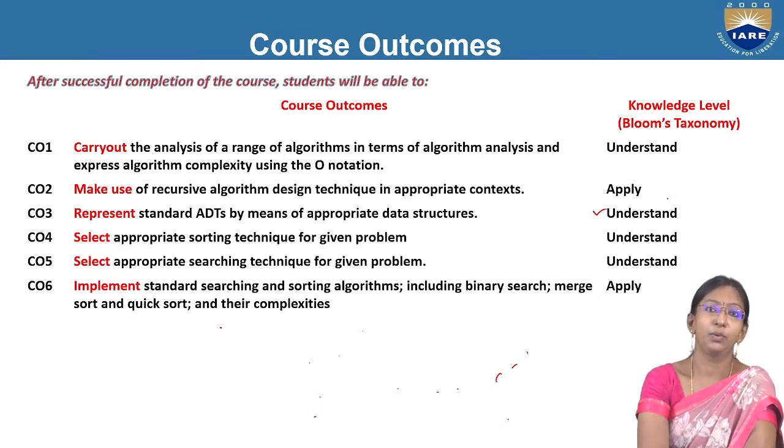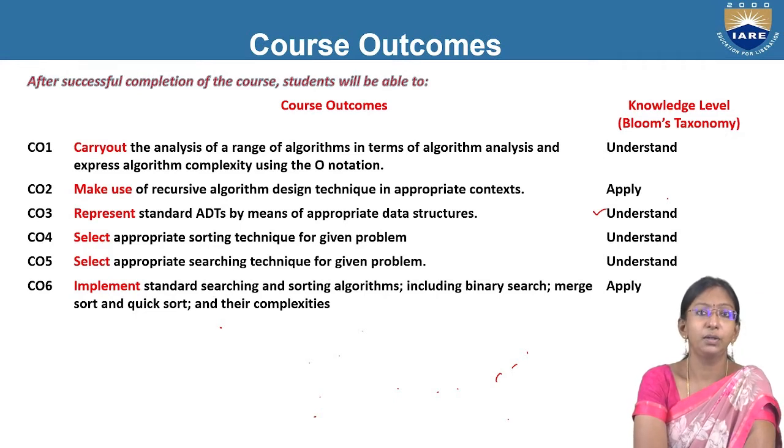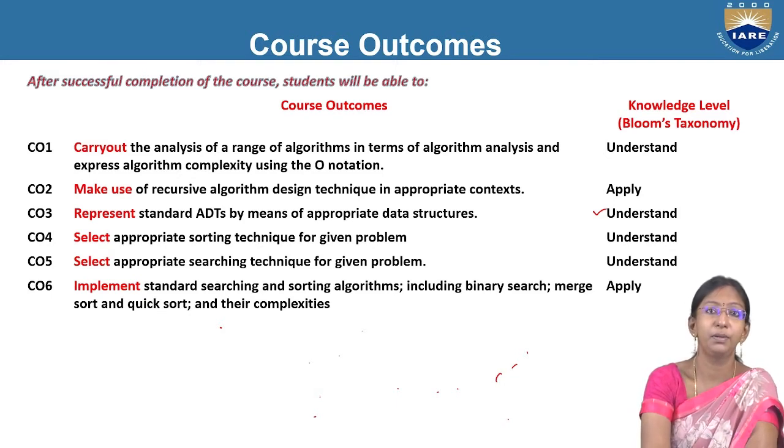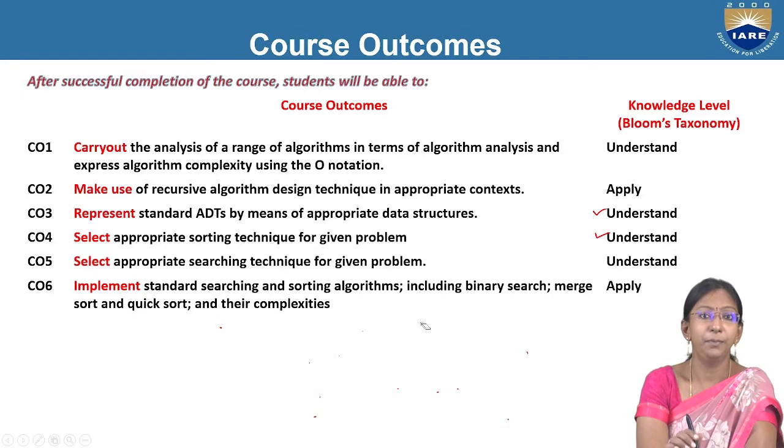Okay, the next one, CO4. The outcome is to select an appropriate sorting technique for a given problem. Very good point, you'll be able to understand. Then, what do you mean by this one, ma'am? Right? Let me explain. You will be learning many sorting techniques.